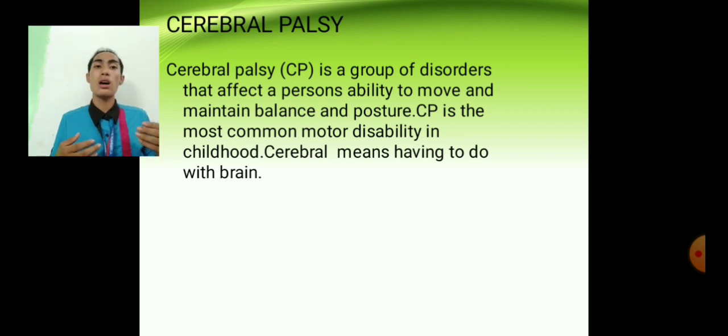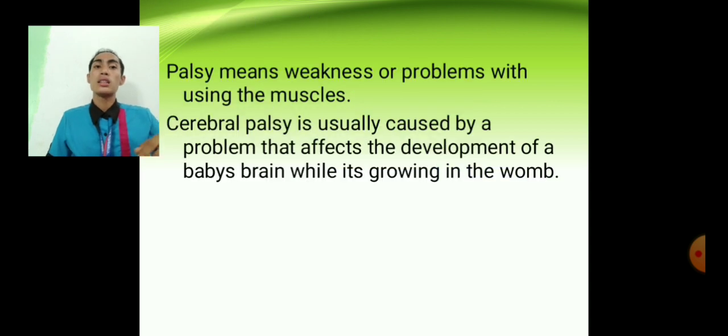So that's CP, cerebral palsy. Cerebral has to do with our brain, and palsy is the weakness or problems with using the muscles. The muscles of the children are too weak to support the whole body to have posture or movements. That's what we call cerebral palsy. It is one of the intellectual disabilities.